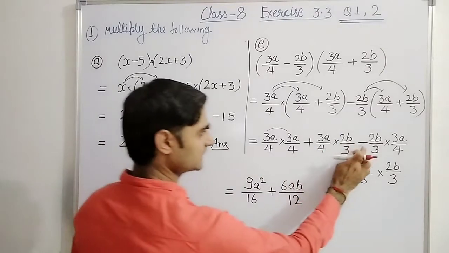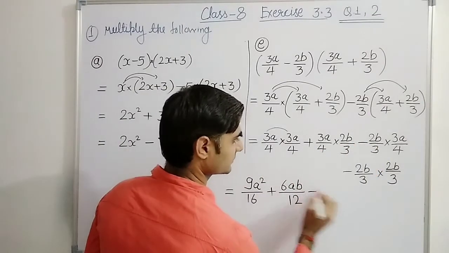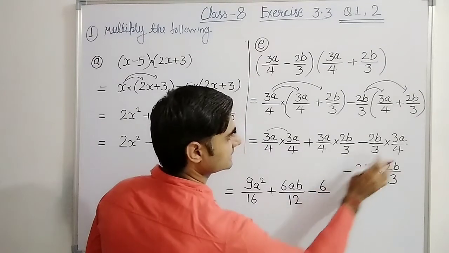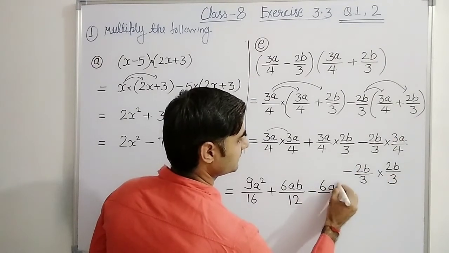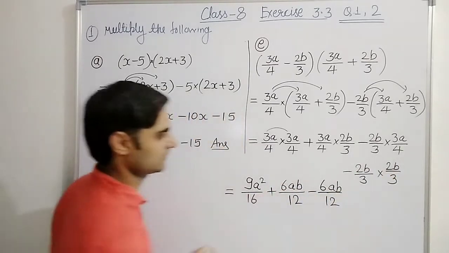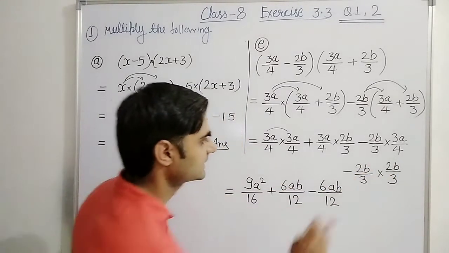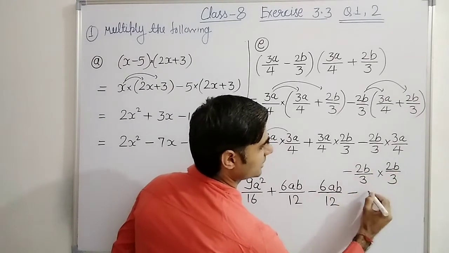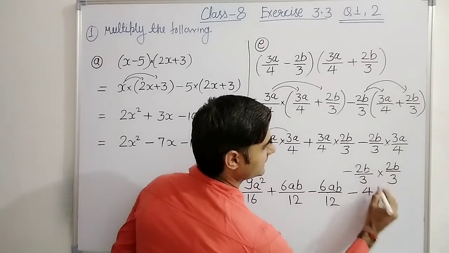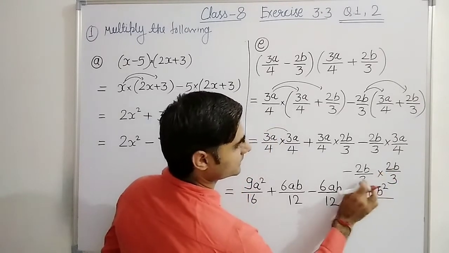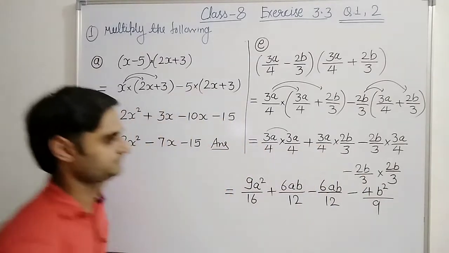Correct? Here, what will come with minus? 2 multiplied by 3, 2 threes are 6, and a multiplied by b, ab, and here 3 fours are 12, right? And the next is the last, this one, I am writing minus sign, 2 twos are 4, b multiplied by b, b square upon what will come? 3 threes are 9.